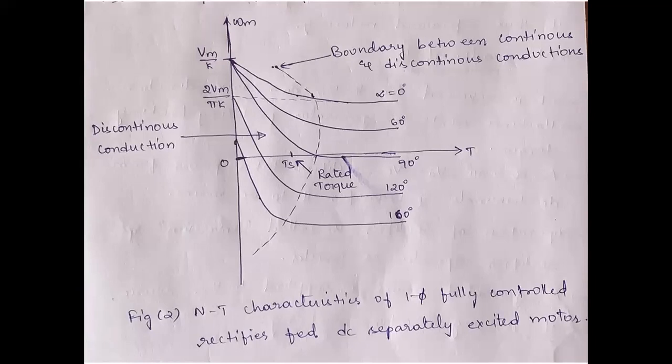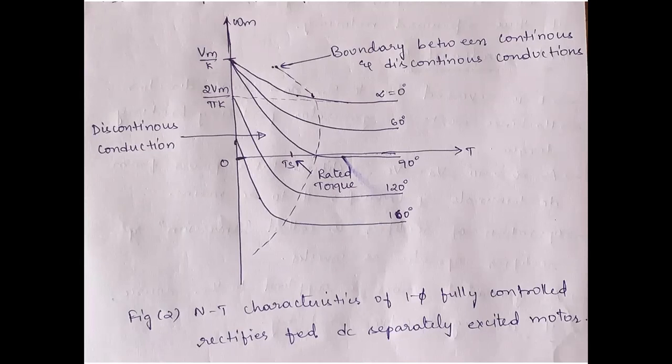In continuous conduction mode, for a given value of alpha, if torque increases, then the speed and EMF will decrease.